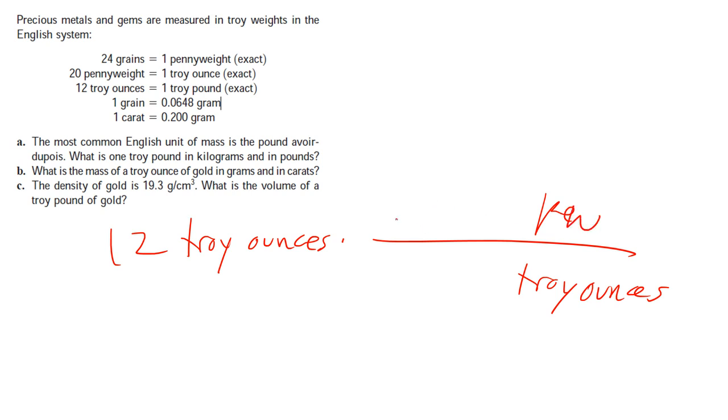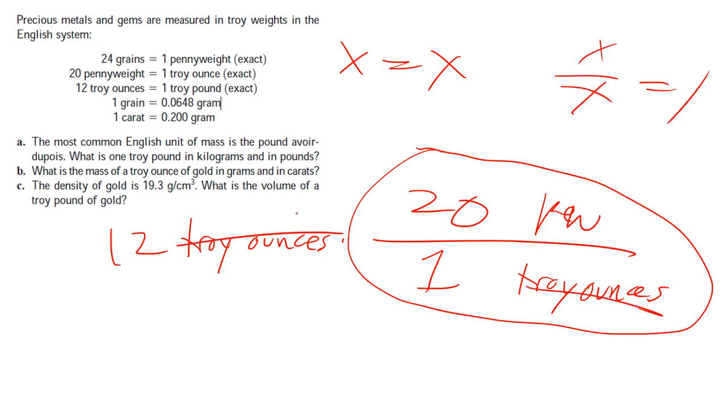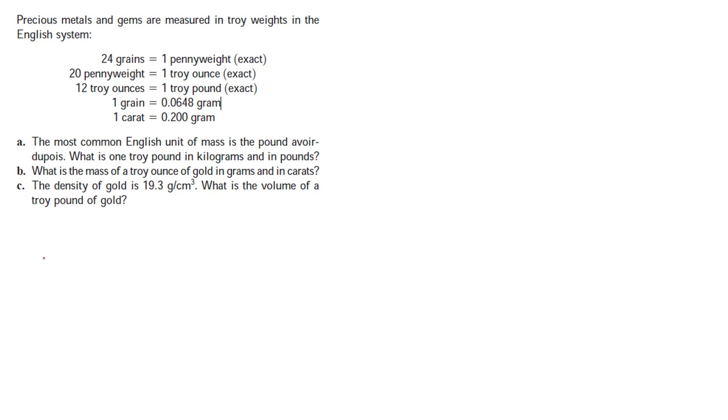So 1 troy ounce is equal to 20 pennyweights. We put troy ounces on the bottom because we want them to cancel, and also because this value is just 1. Since they're equal, it's like saying x equals x, so x over x is just 1. Troy ounces cancel. You get 12 times 20, that's 240 pennyweights.